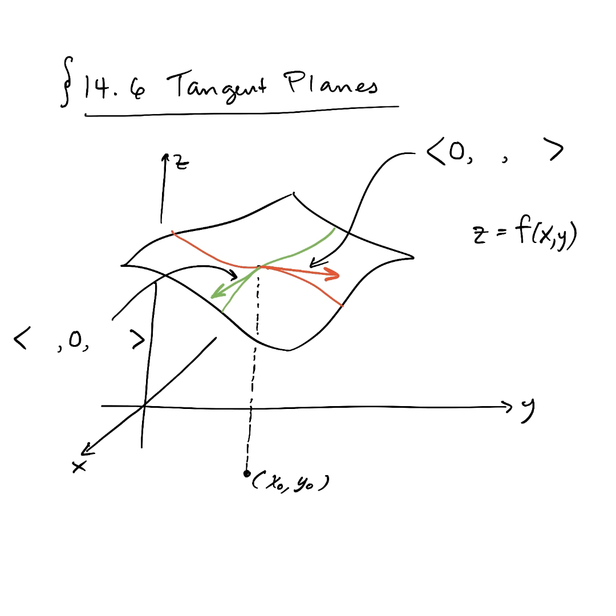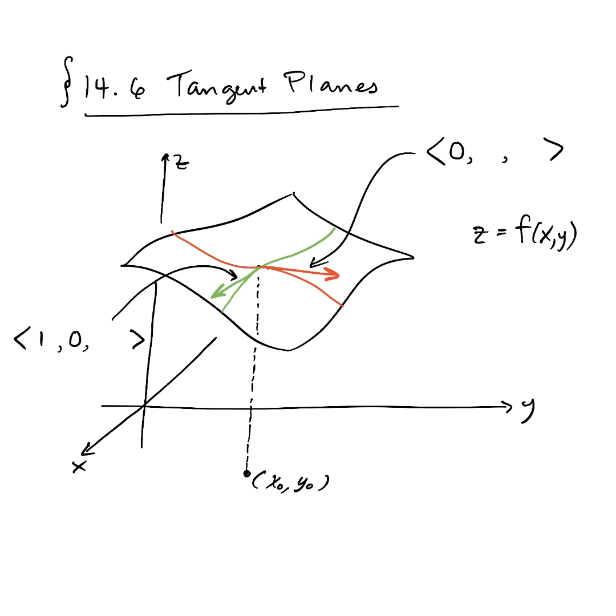Now, the way to get the other two components of each of those vectors is to think about the slope. So on that green path, the slope is partial derivative df dx. That means if you go 1 unit in the x direction, then the z changes by df dx.